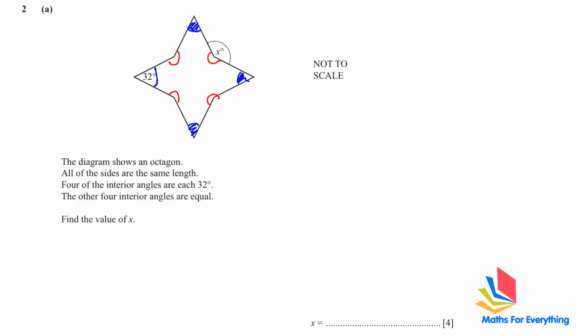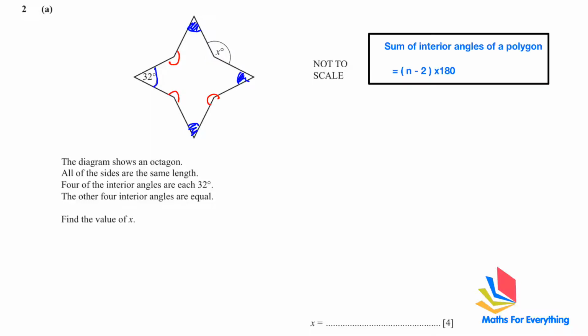For this question, we will use the interior angles formula. The sum of interior angles of a polygon is equal to n minus 2 multiplied by 180. What is n? N is the number of sides. Octagon means 8 sides. So 8 minus 2 multiplied by 180.